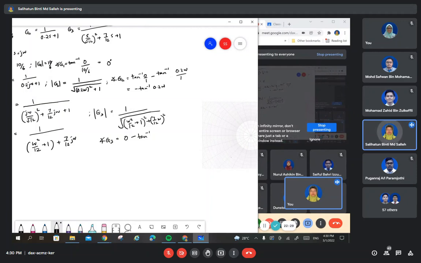So it's arctangent of 7 over 12 omega divided by the real part, which is omega squared.